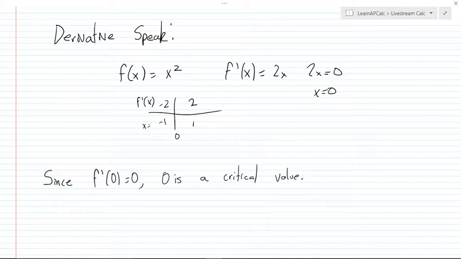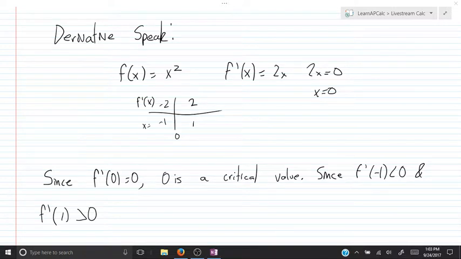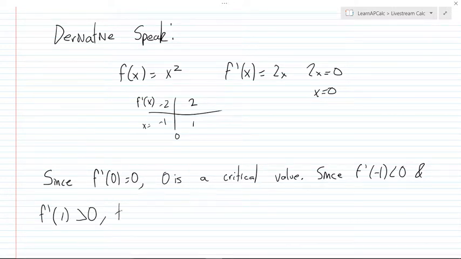And then after that, we can say since, and then you have to walk through the actual first derivative test. So since f prime of whatever number you plugged in, here it's negative 1, is less than 0, and f prime of 1 is greater than 0, again, whatever we plugged in for x, the point, and then we want the actual point.